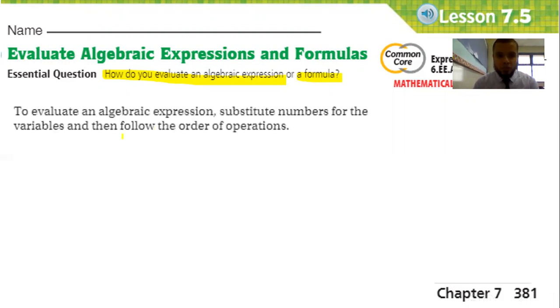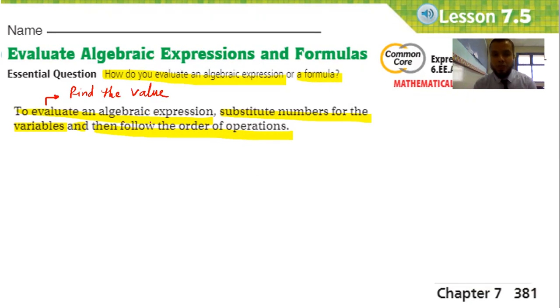To evaluate an algebraic expression, substitute numbers for variables and then follow the order of operations. So we need to understand this sentence. To evaluate means to find the value. The value of what?